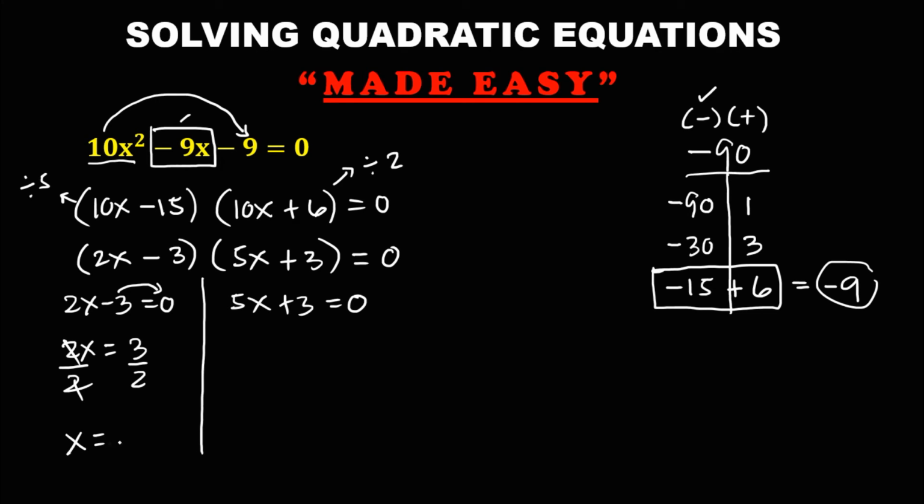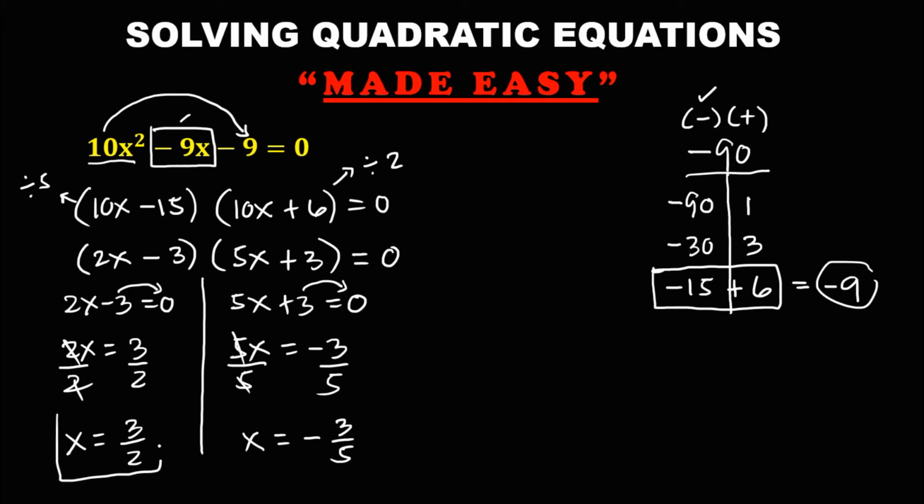So x equals 3 over 2. Then the other one, 5x equals negative 3. Then divide both sides by 5. So x equals negative 3 over 5. So these are now the values for x.